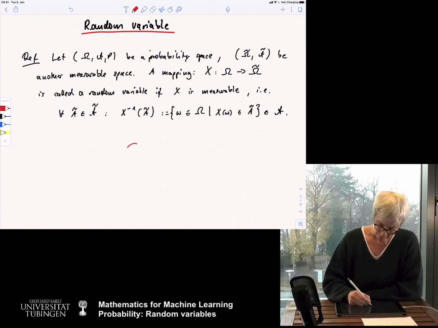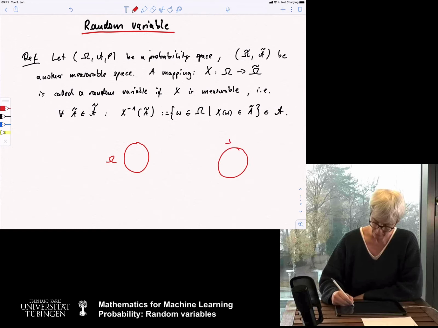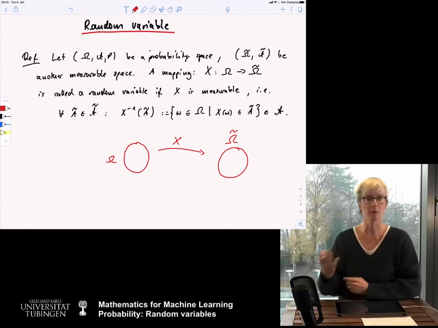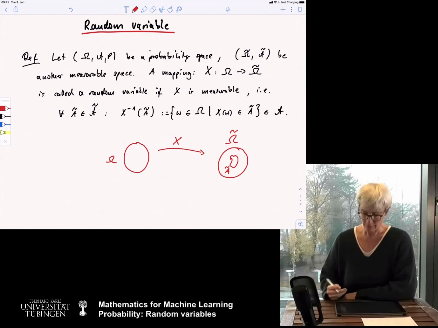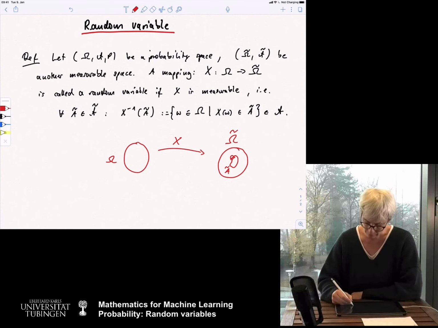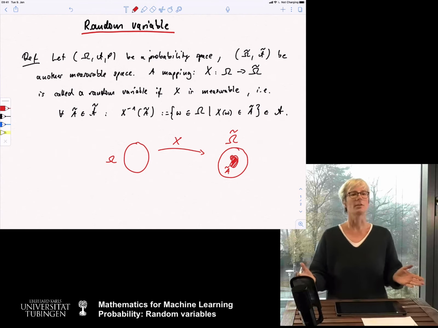Here we have our space omega, and here we have the space omega tilde, that's the target space. We have this mapping X that goes between the two spaces. And now we have some set A tilde that lives in the target space, and it is part of the sigma algebra of the target space.